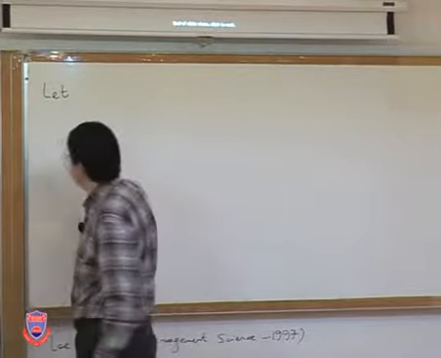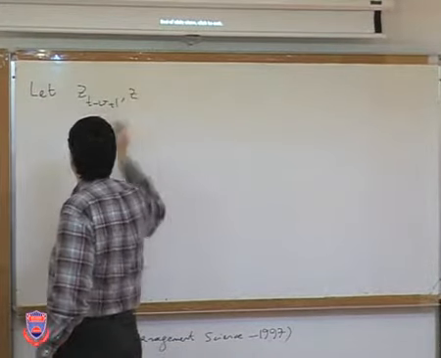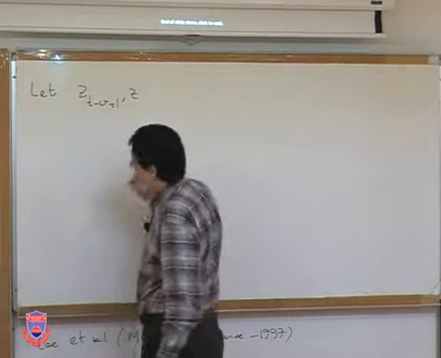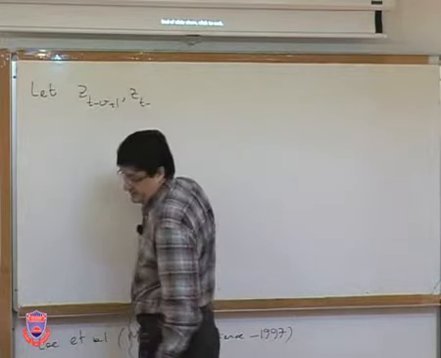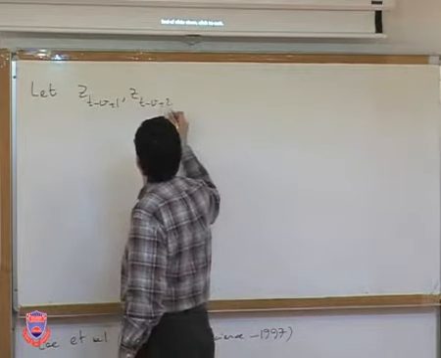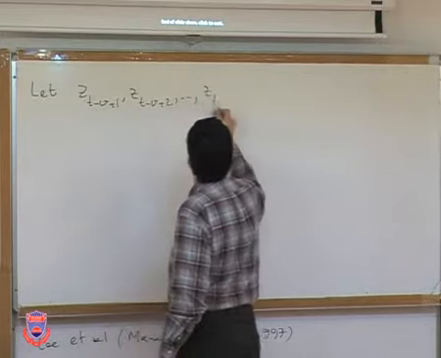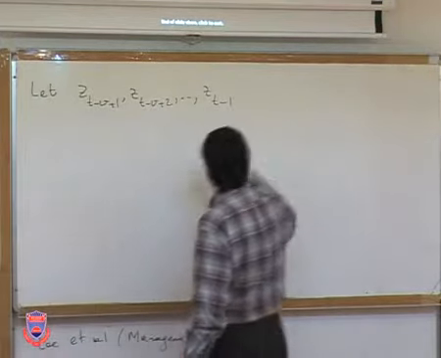Now let Z sub t minus nu, Z sub t minus nu plus 1, t minus nu plus 2, all the way to Z t minus 1 be the amounts on order.